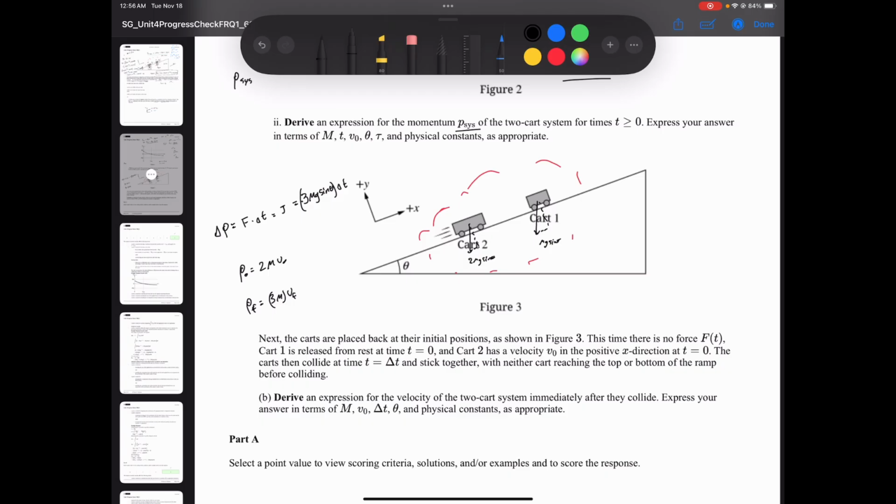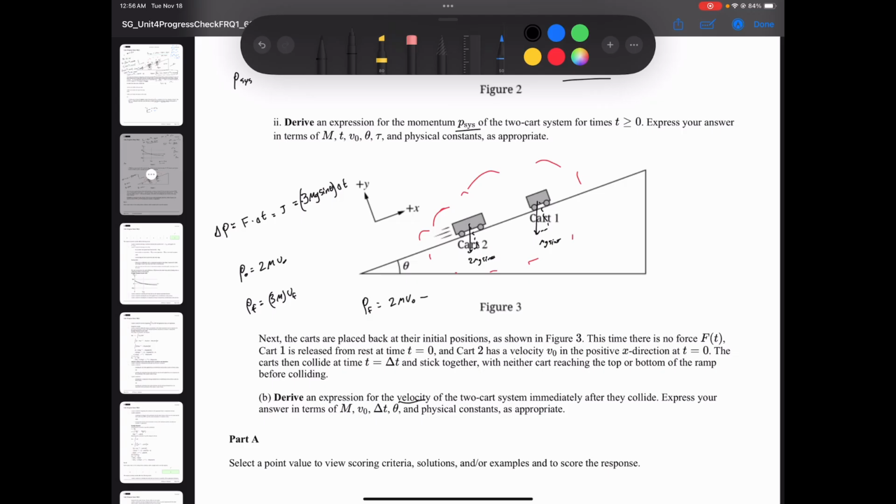So when I write out my expression for the momentum of the system immediately after they collide, I'm going to put PF is equal to the initial momentum of the system, which is 2m v naught, minus this impulse that is acting on the system. Actually, hold on, my bad.